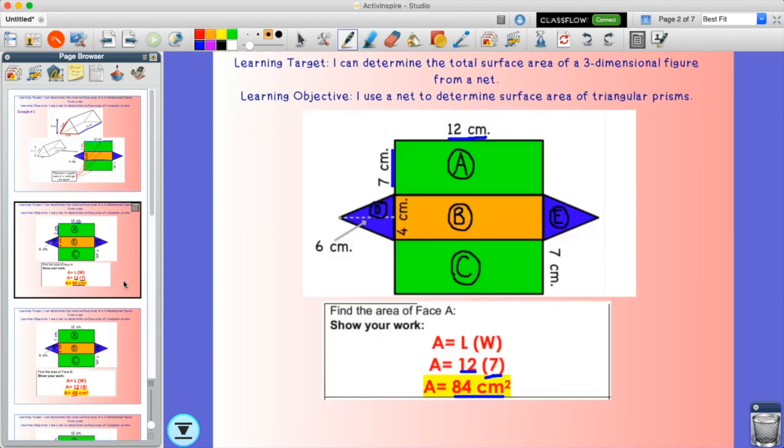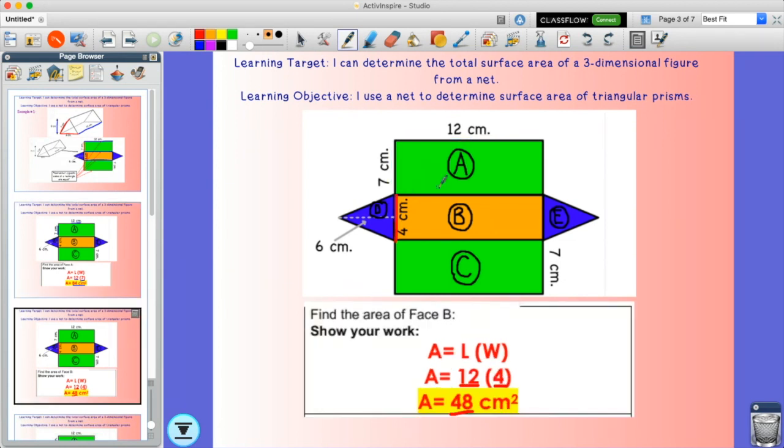So now let's look at face A. Face A is a rectangle, length times width. You're going to substitute the dimensions of 12 and 7, and we're going to get 84 centimeters squared. Let's look at face B. Right here, that's highlighted in red, is the 4 centimeters, which is what we established as the base of the triangle.